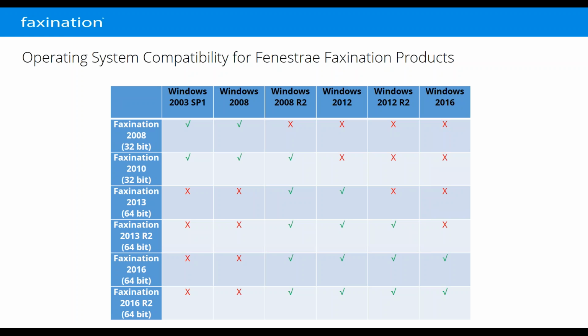With 2008, you have to use 2013. With 2012, you can use either or. And if you're using 2016 server, then you have to use Faxination 2016. So to answer the question, the only time the Windows version matters is if you want to use Windows Server 2016, you have to use Faxination 2016.